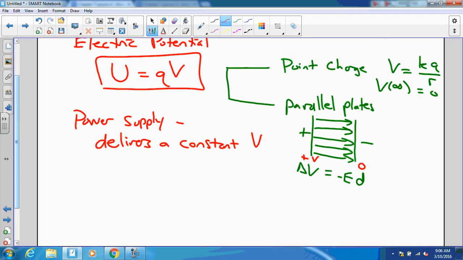7.2, 7.7, 8. That's right. So that's interesting. Would you predict voltage would be lower or higher down in this region right over here?